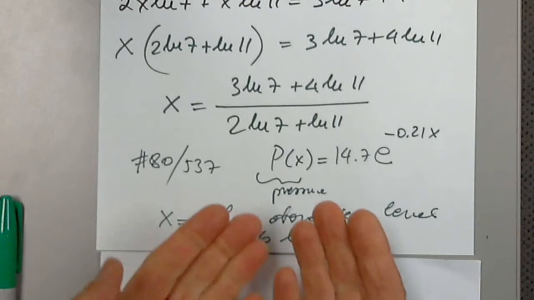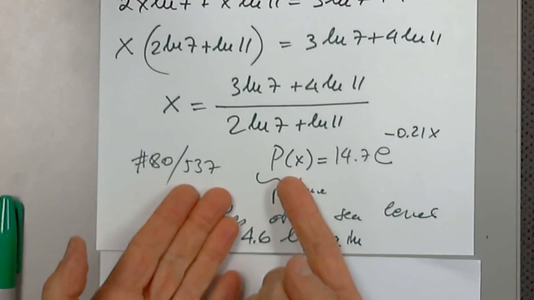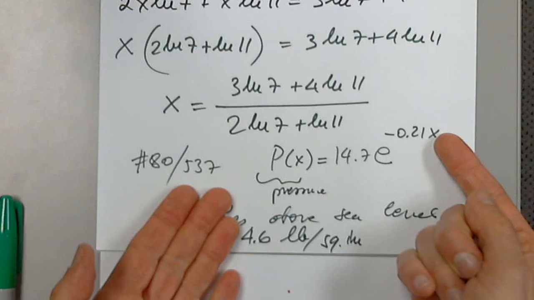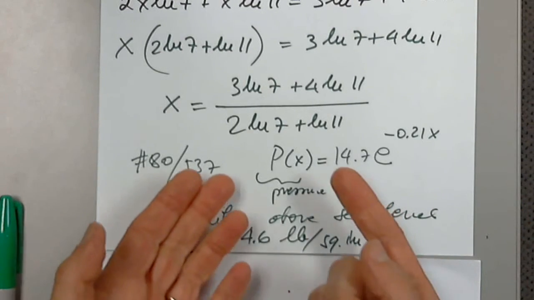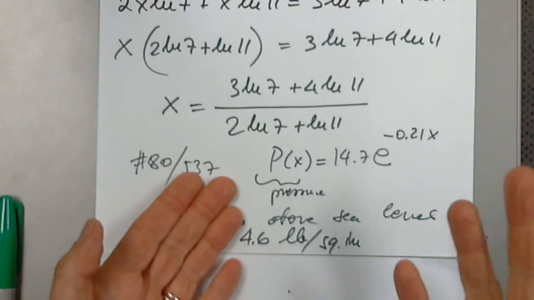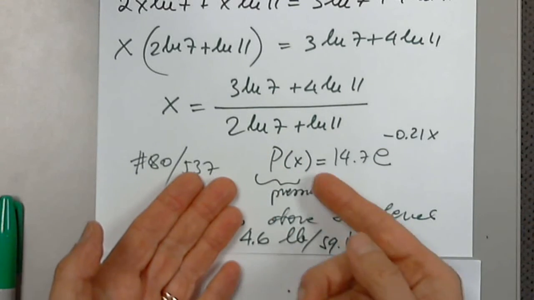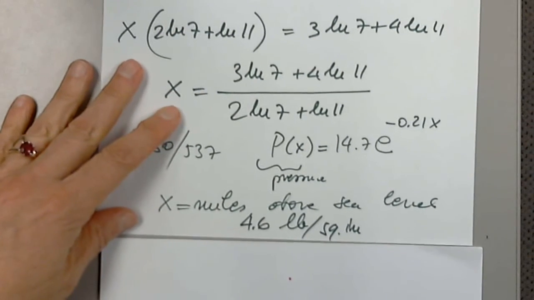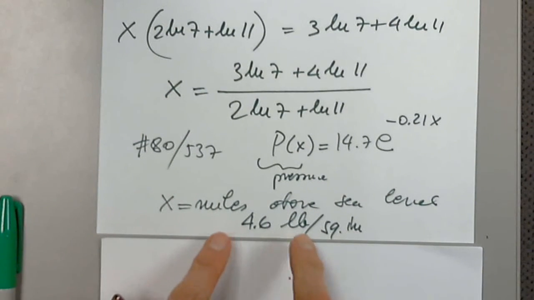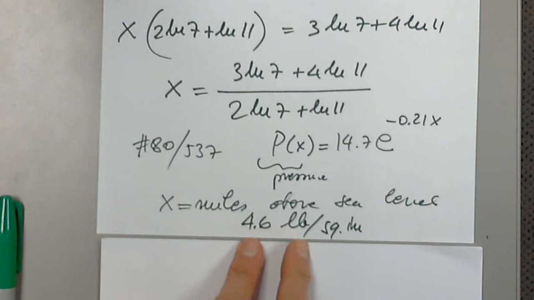So we are told this is a relationship between the pressure and the altitude in miles above sea level. When x is some value, P of x will depend on whatever x I choose. Now we are told that the pressure is 4.6 pounds per square inch at the peak of Mount Everest.